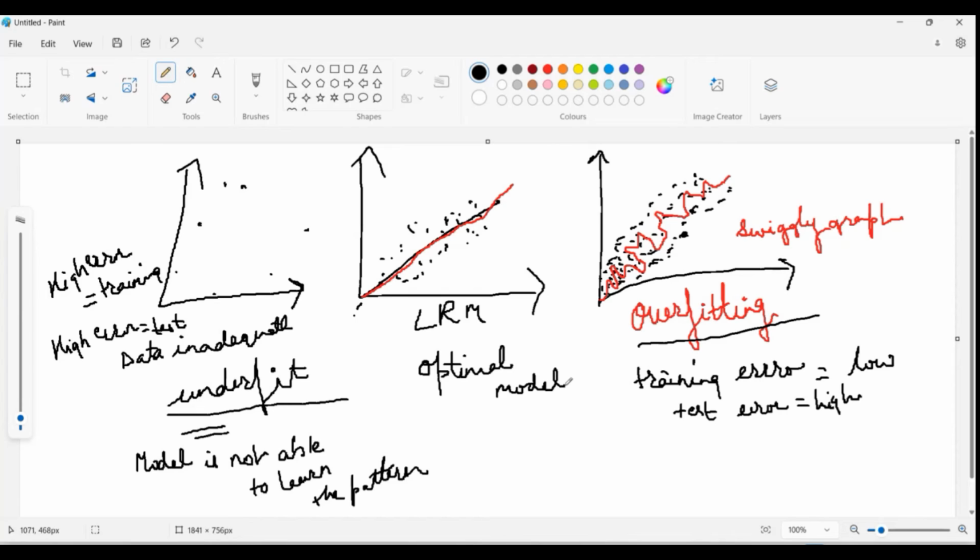What is an optimal model? It should have a low error in the training, and also a low error in the testing.